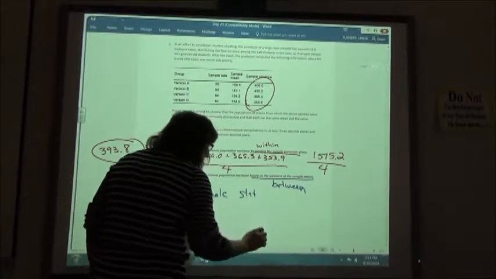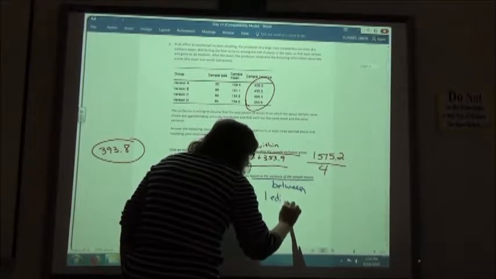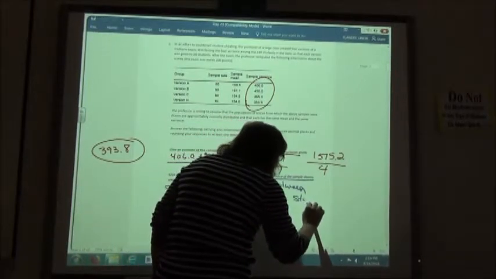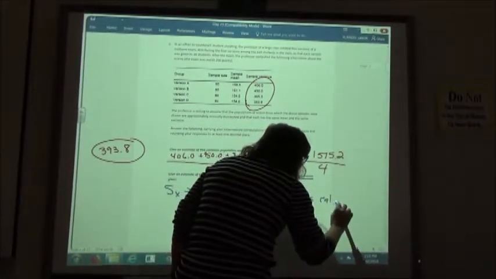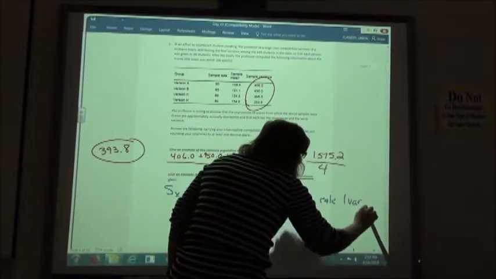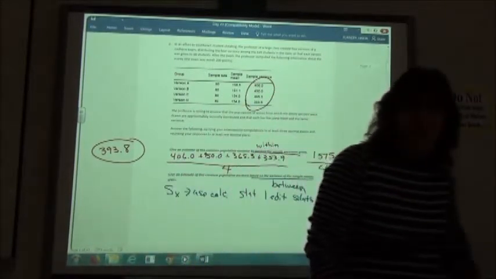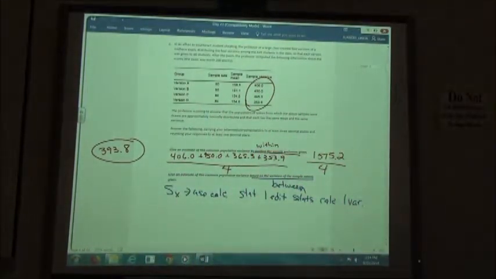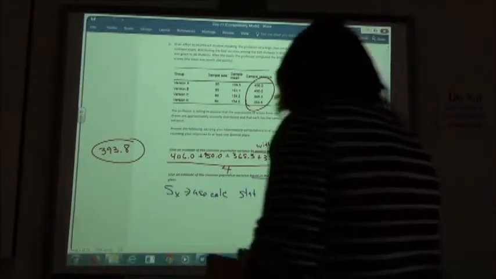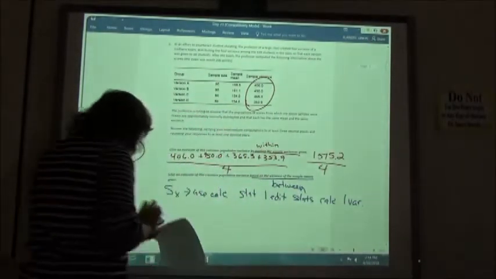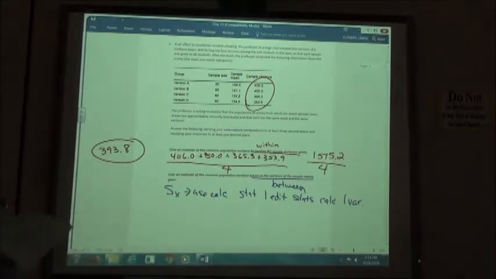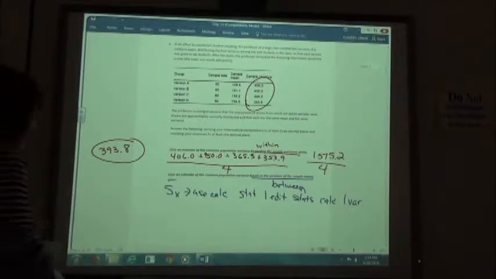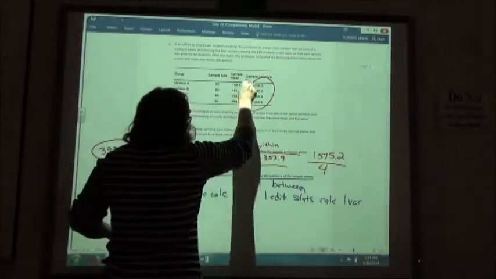Stats 1 to edit, and then stats, and calculate the one variable statistics. Hopefully we've maybe done it enough that you remember how to work that on your calculator. But we're going to go ahead, hit the stat button, hit 1 for edit, clear out whatever's in there, and go ahead and type in your sample means.